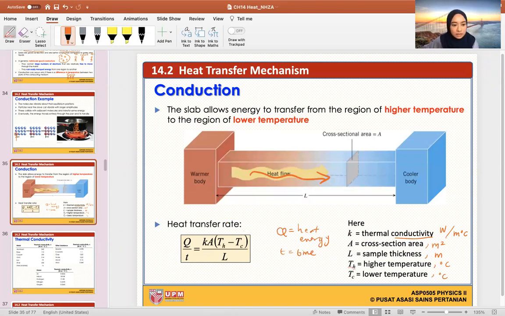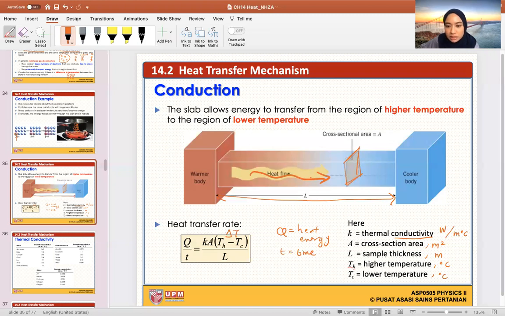So Q over T is K, thermal conductivity, times area times the change in temperature, over L. What is L? L is the length of the slab. K depends on the material that you use. A is your cross-sectional area.